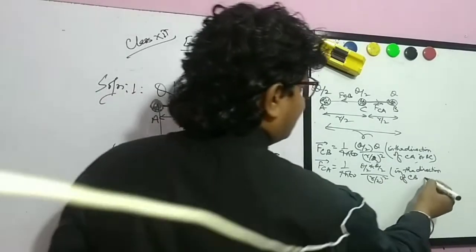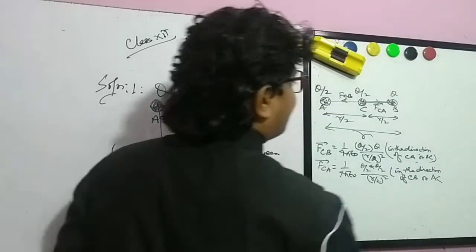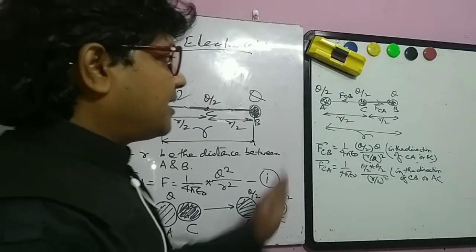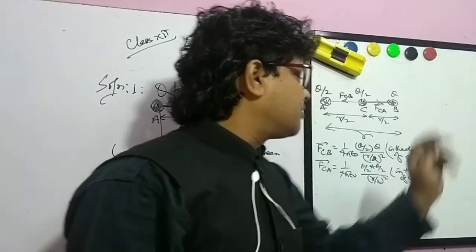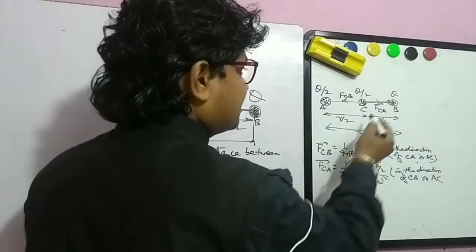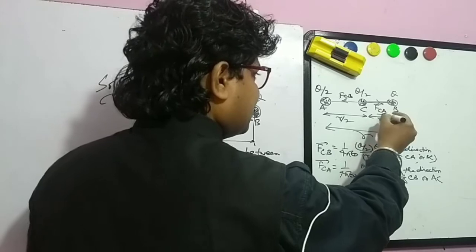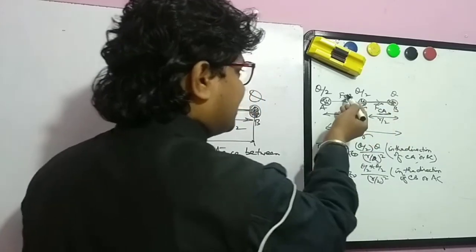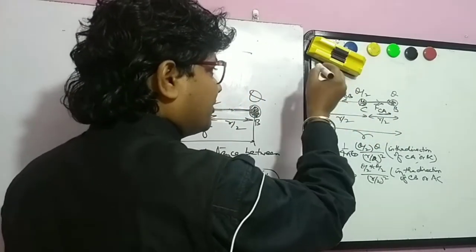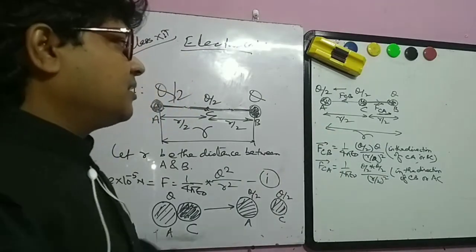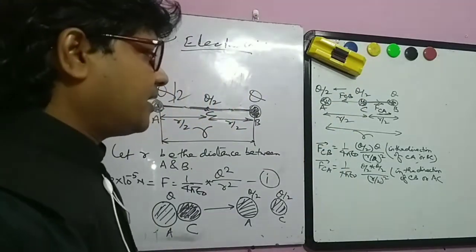In the direction of A to C. So this FCA is in this direction, C to B, and this FCB is directed from C to A, right?